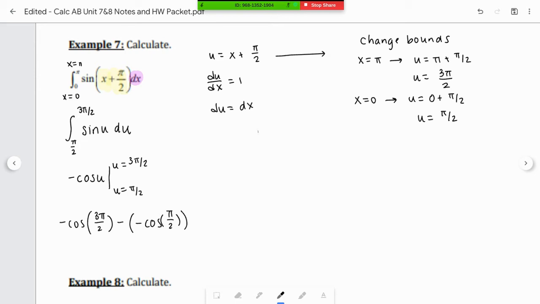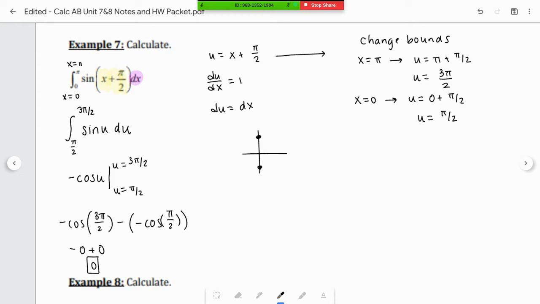And so remember our unit circle. At pi over 2, the x-coordinate is 0. And at 3 pi over 2, the x-coordinate is 0. So this gives me negative 0 plus 0, which is 0.